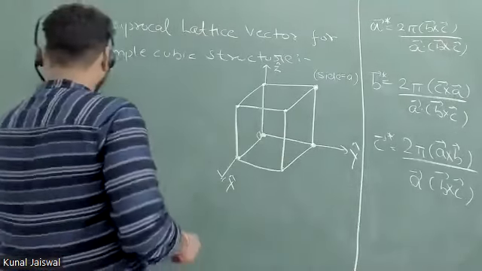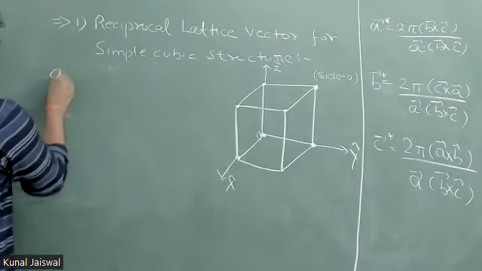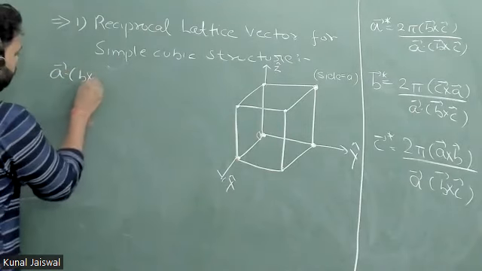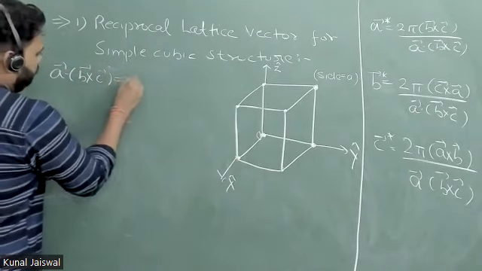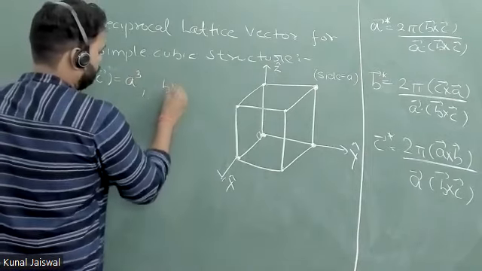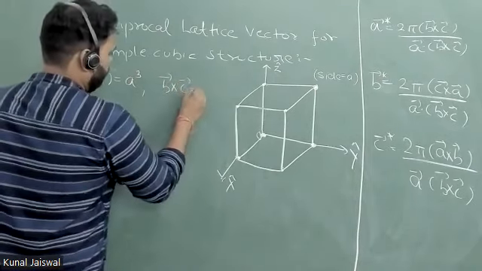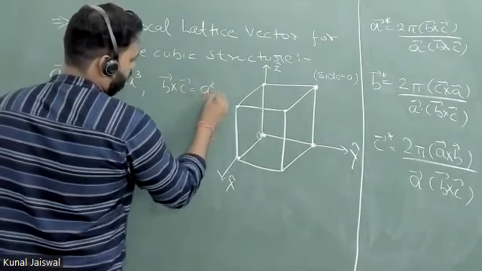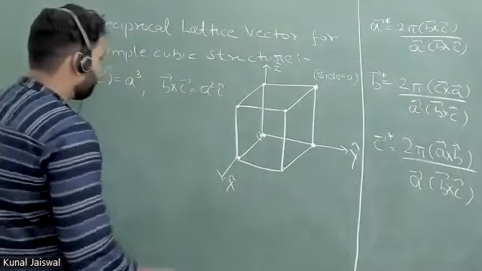So basically what we got is A dot B cross C equals A cube, and B cross C we got as A square i cap.